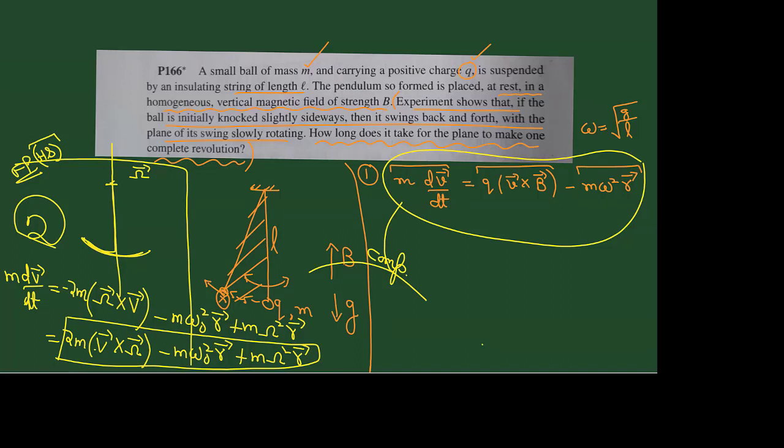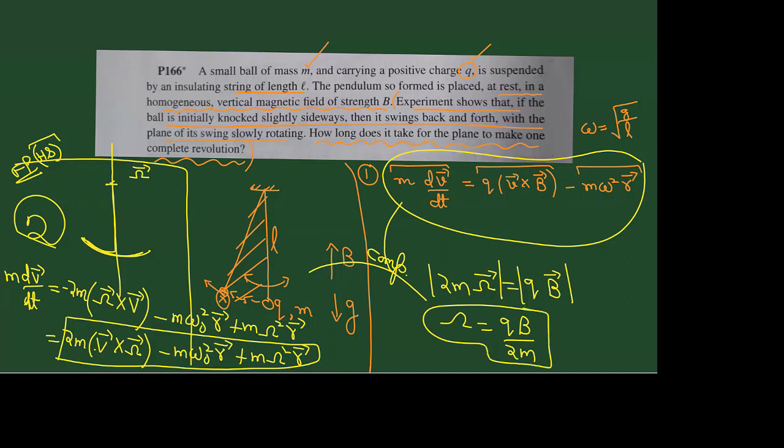Here, after comparison, 2m omega vector is resembling your QB vector. I'm interested in the mod of this term. So my omega mod comes out as QB by twice of m. That is the first thing that comes up here.